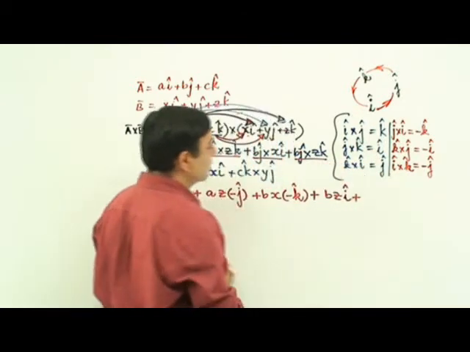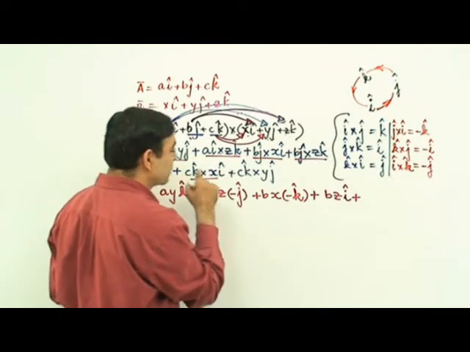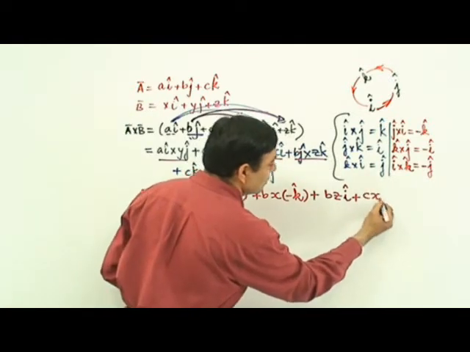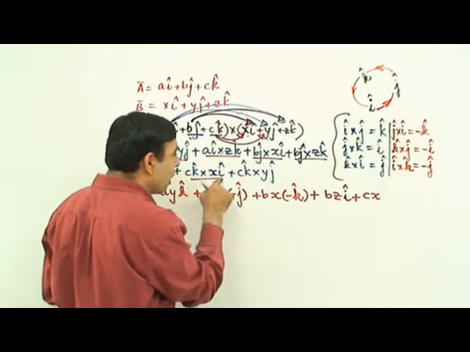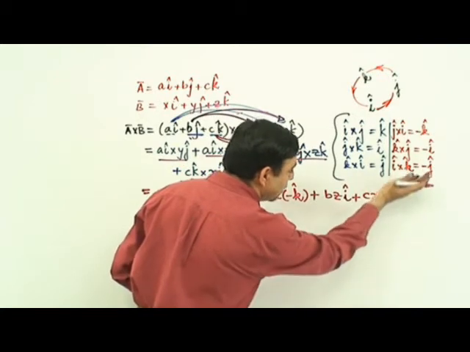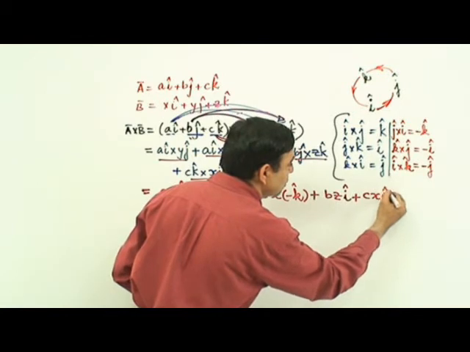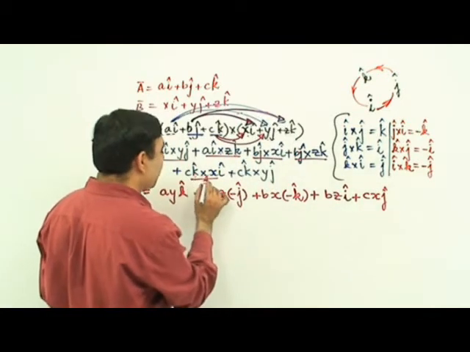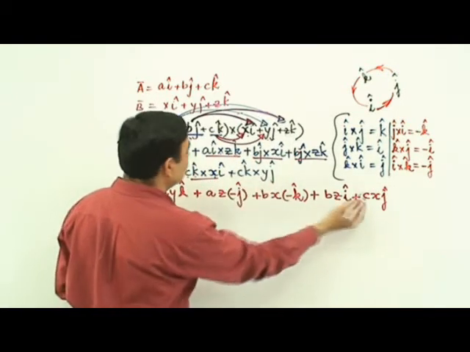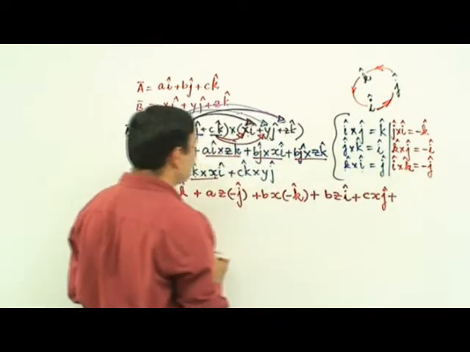Then plus this term cx as it is. Then k cross i is j, so I need not write a bracket here, straight away let me write plus j. Then one more term left out, because we need 6 terms.